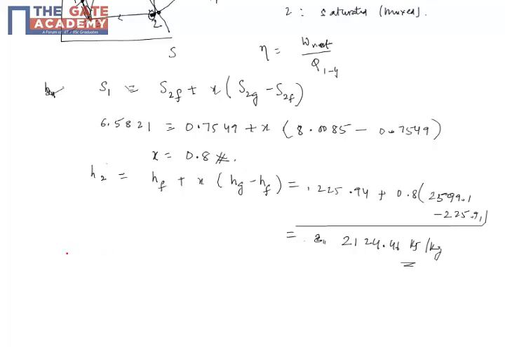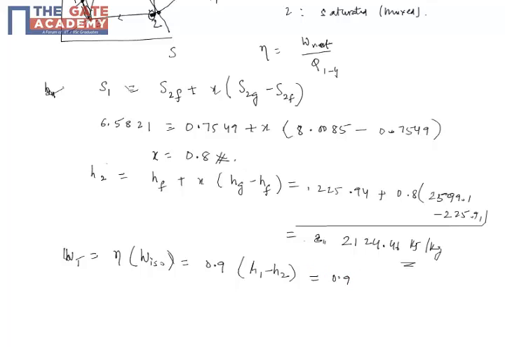Now the turbine work. The isentropic work is H1 minus H2, but there is an efficiency, so the actual turbine work is the efficiency times the isentropic work. It's an open stream process, so the difference in enthalpy is the work done by the turbine.